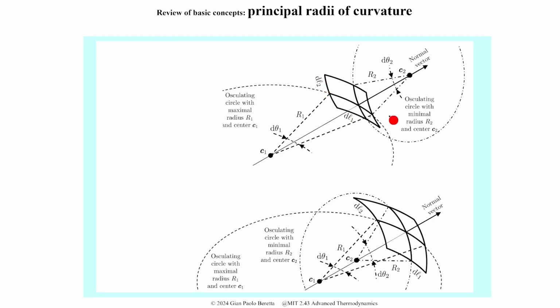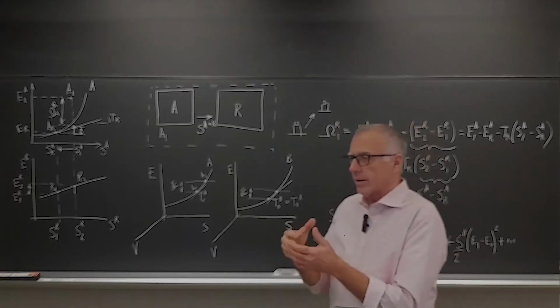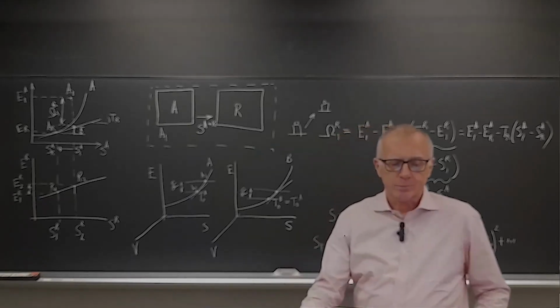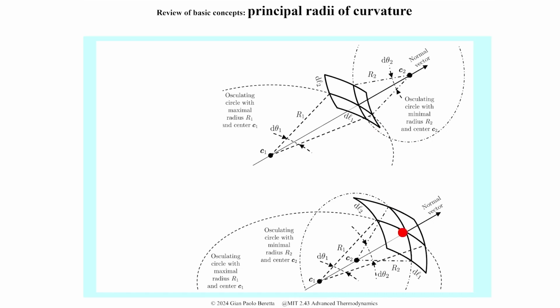if I have a surface in space, I can define principal radii of curvature, and like in a sphere or in an ellipsoid, you could have the centers of curvature on the same side of the surface, but in a saddle point of your surface, you could have the centers of curvature on the two opposite sides.